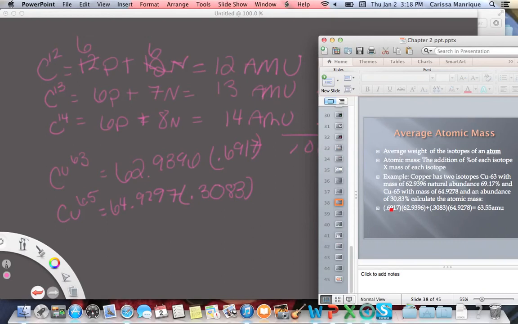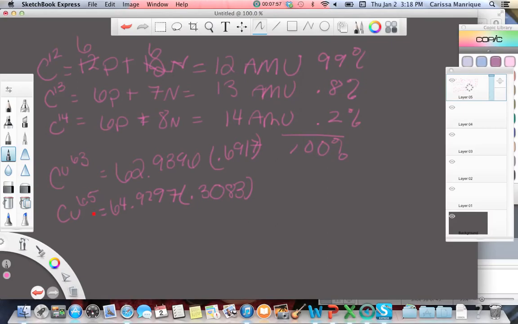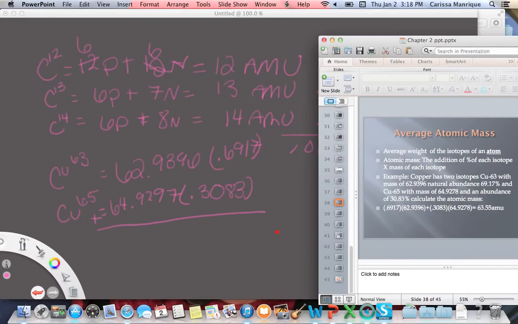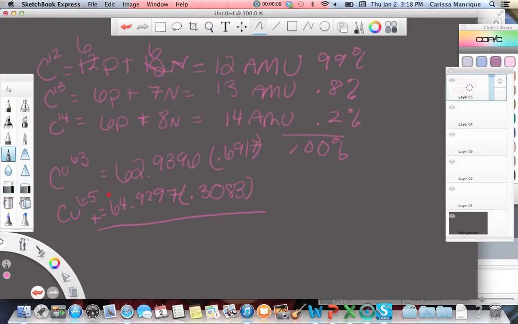So we do 0.6917 times 62.9396, and then we add 64.9297 times 0.3083. We multiply these out and then add them, and I have the answer right here. You should get 63.55 AMU.